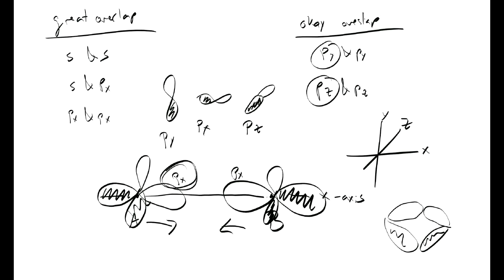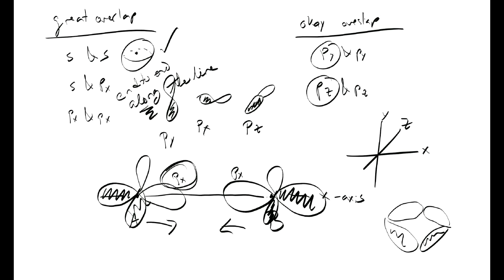Now the s orbital, it's always good for overlap because it's uniformly symmetric. It's spherically symmetric. It goes outward in all directions. So what this is telling us is that s orbitals are always able to overlap. A p orbital only gets great overlap if it's end to end or along the line in between the two nuclei.